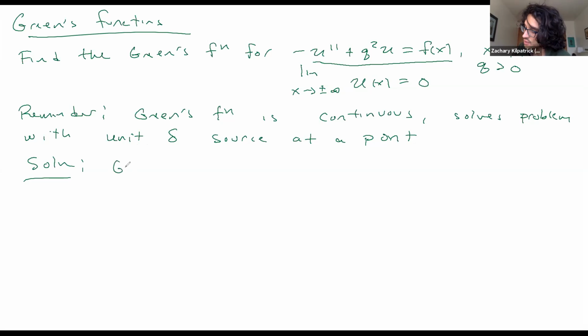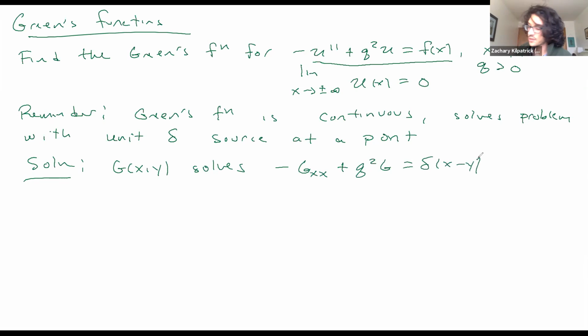Okay, so G of x,y here is going to solve the following PDE. Essentially it just needs to be acted on by this differential operator and produce a delta distribution.